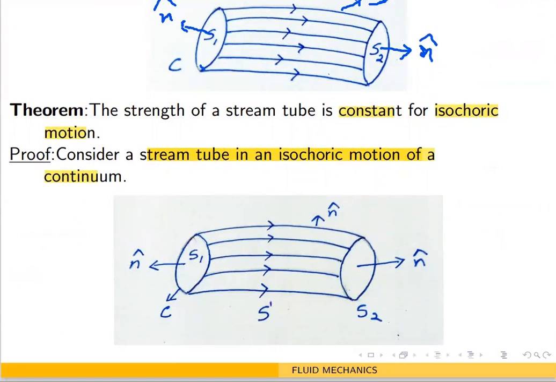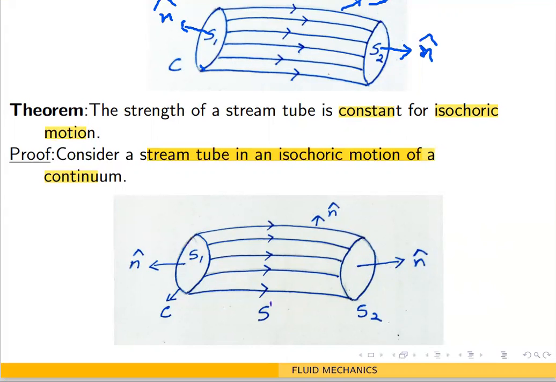So we have, of course, three surfaces, as we have said: S1, S2, and that curved surface S dash. That curve C is closed, and this is in the current configuration at time t greater than 0.